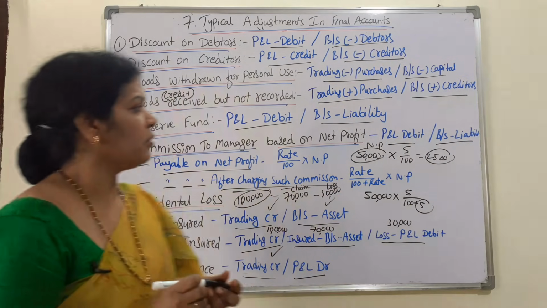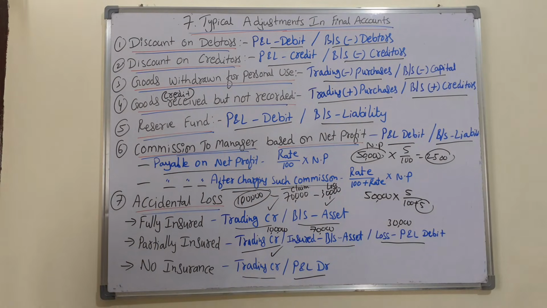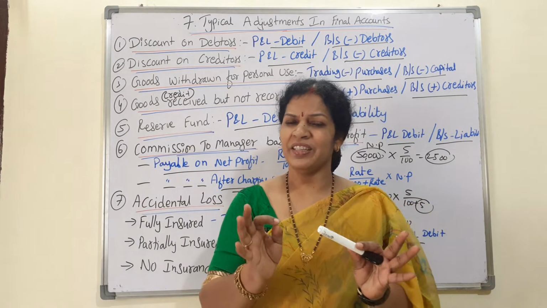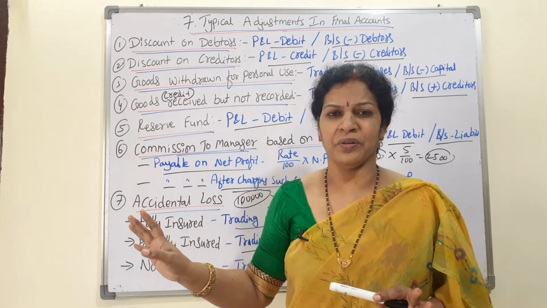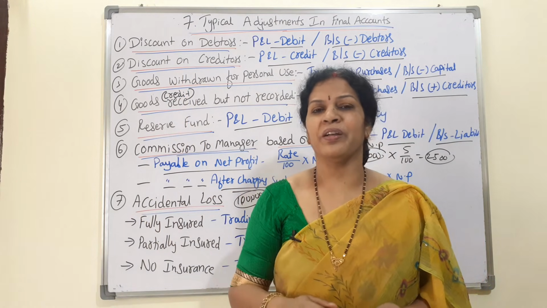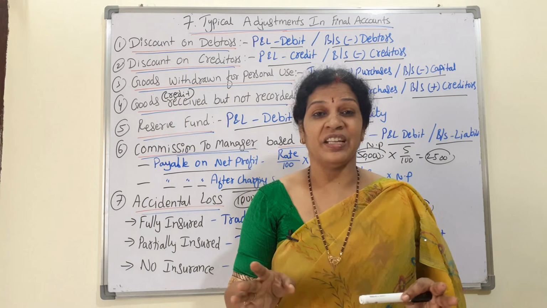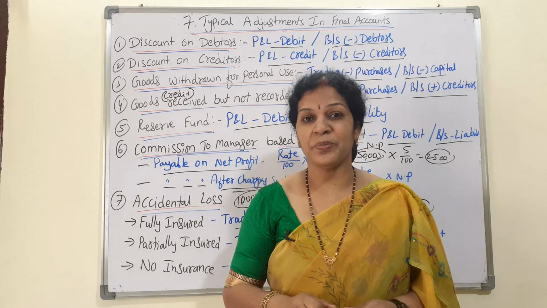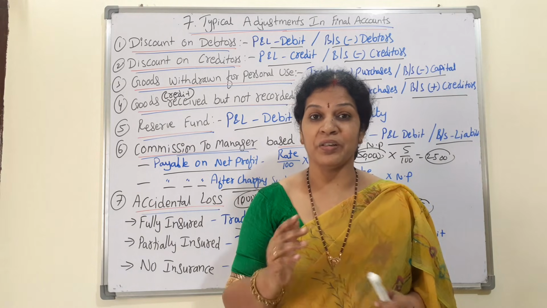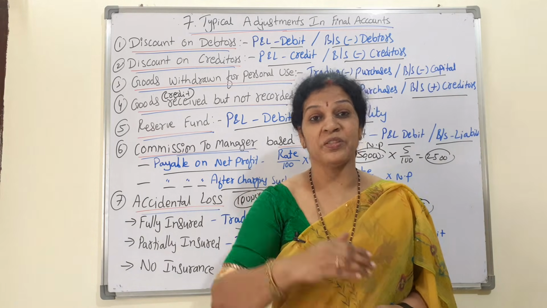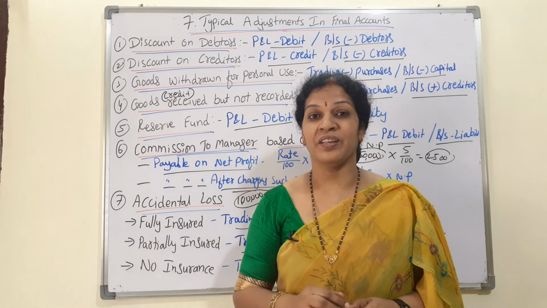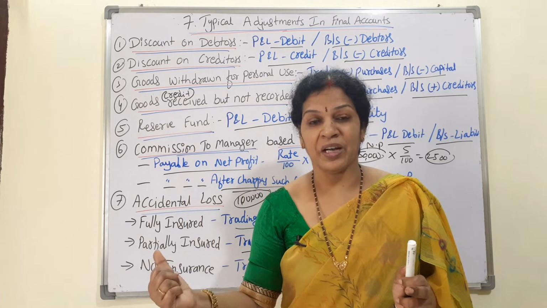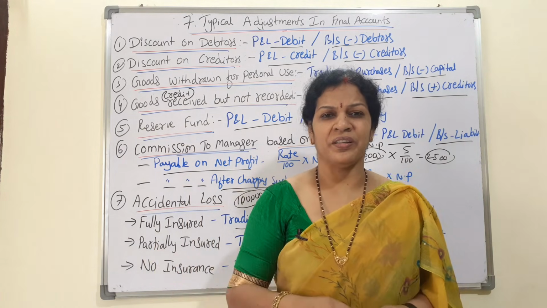So please note this down or otherwise take a screenshot. Hope I am clear. If you know these adjustments, you can work out final accounts very easily, nothing to worry about. You know every transaction, what is the P&L account, what is the trading account, what is the balance sheet, what are direct expenses, what are indirect expenses, and you have an idea of the treatment of capital and adjustments, then why worry?